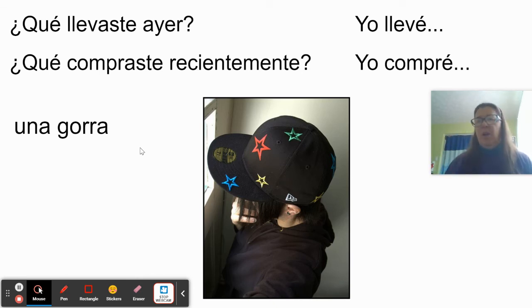Yo no llevé una gorra ayer. ¿Qué compraste recientemente? ¿Compraste una gorra? Tell me, yo compré una gorra or no compré una gorra. Ready? ¿Qué compraste recientemente? Now you ask me. Yo no compré una gorra.